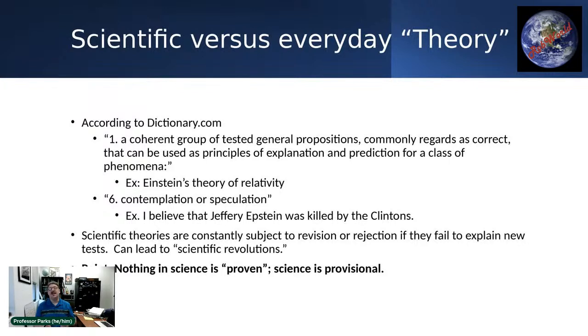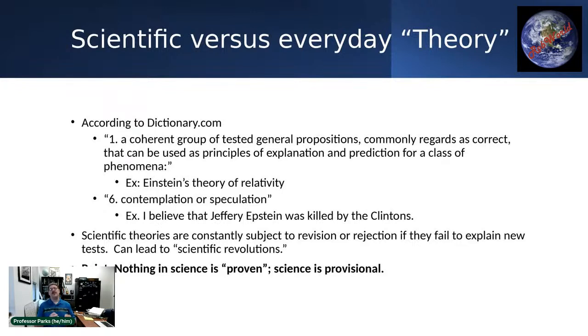This is the definition that I think most laypeople use for theory: a contemplation or speculation, such as, I have a theory that Jeffrey Epstein was killed by the Clintons. This is an idea. This is not something that can be tested. It's not something that you can measure and come up with quantifiable results. It also doesn't describe any kind of physical nature of the universe.